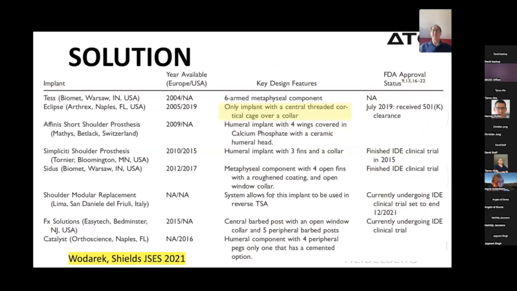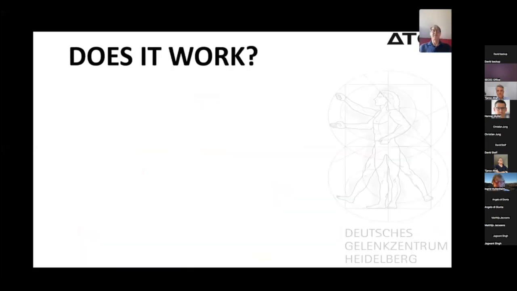Pretty much all of them are the same, except for the Eclipse, which has a central screw. All the others have wings or posts, pegs that go into the metaphyseal bone.